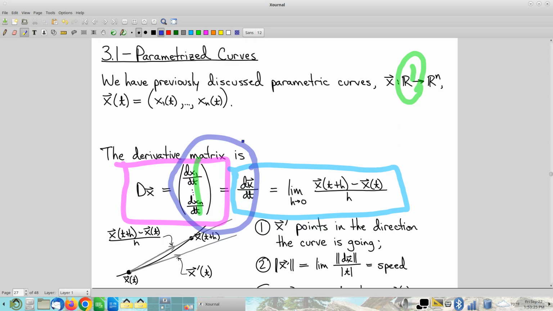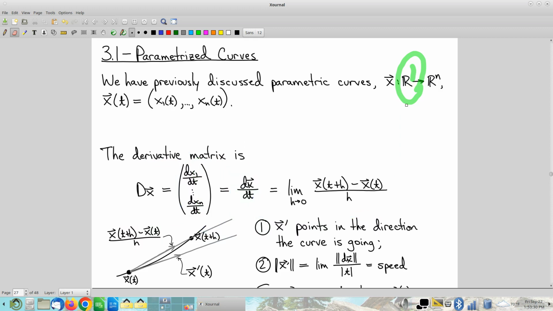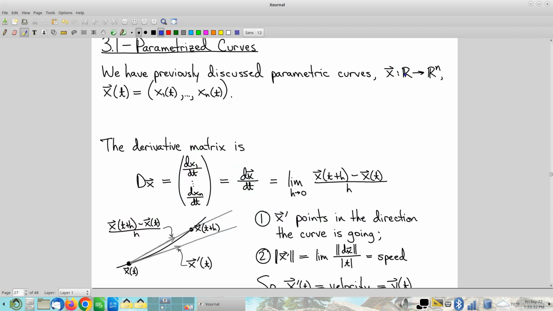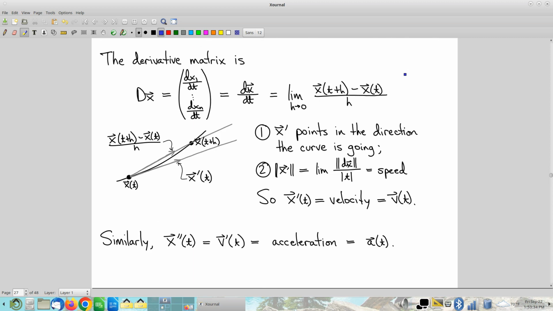Okay. All right. What's nice about this is it allows us to make an interpretation based off previous experience. So specifically, if I look at this expression and ask what does that look like geometrically, the numerator up here is displacement. I was here.